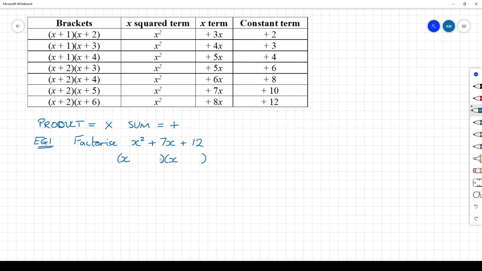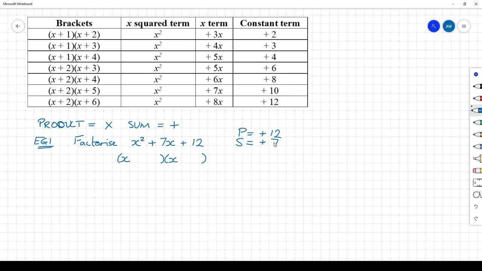Now the way we work out these two numbers is from what we spotted above in the table about product and sum. We know these two numbers that we're trying to find, the product will be plus 12, the constant term, and the sum of the two numbers will be plus 7.